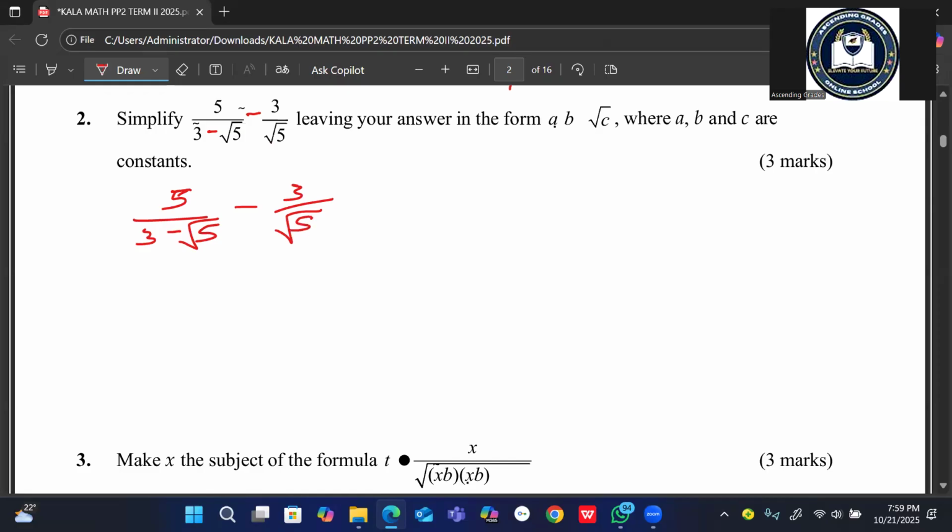First of all, we have to put the two fractions under one denominator. So our LCM is root 5 multiplied by 3 minus root 5.